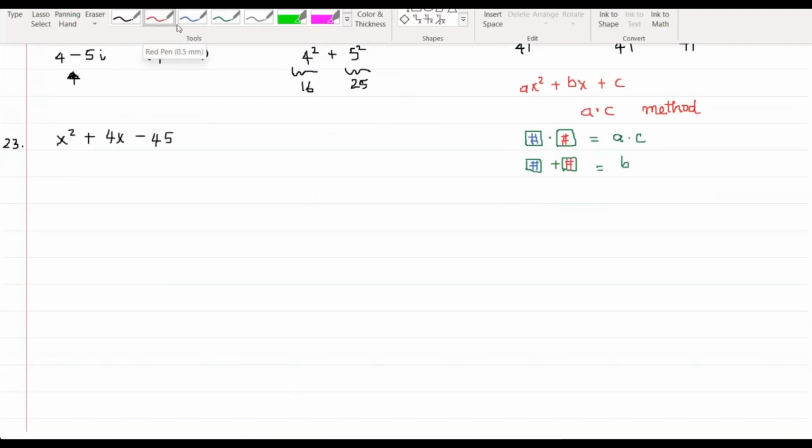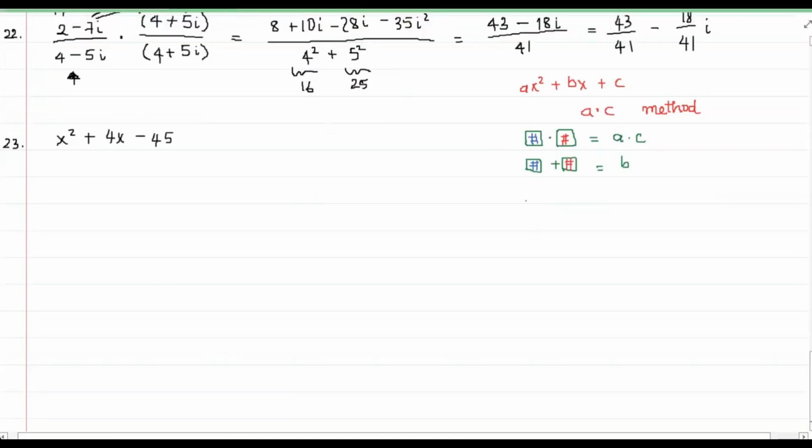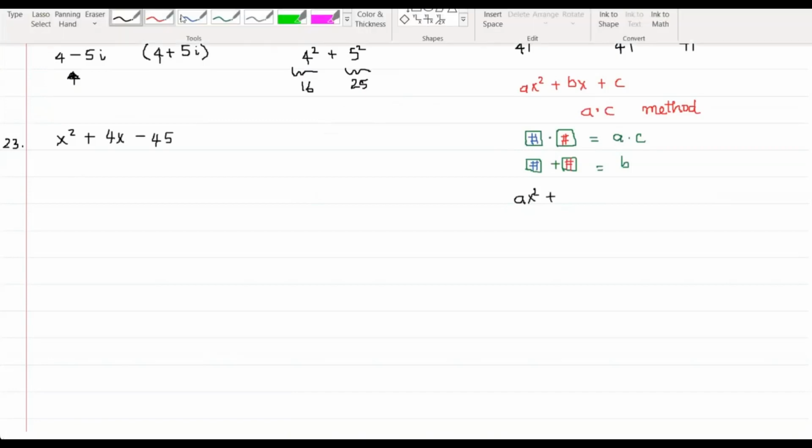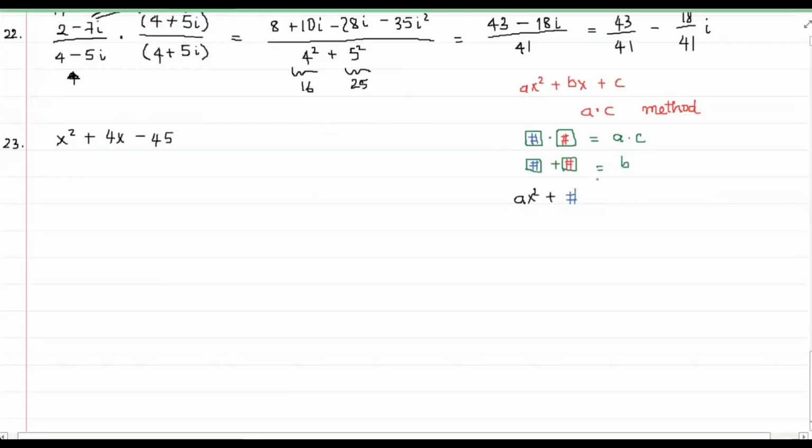After you find the blue and the red number, you can rewrite it as a x squared plus blue, that is your b, right? x, plus the other number x plus c, because this one is bx. Then we group it.